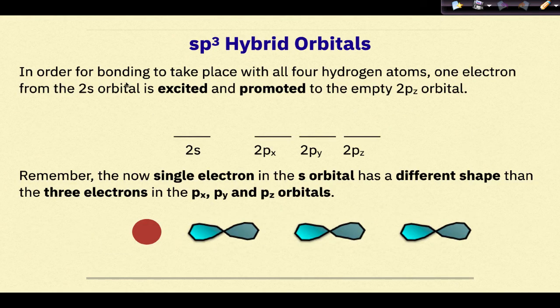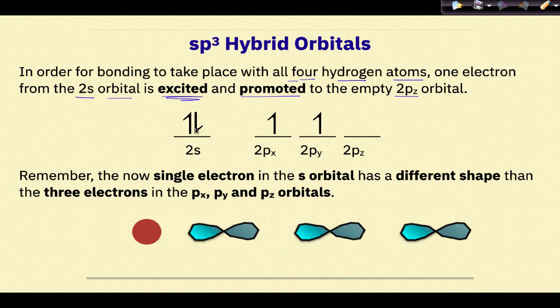In order for bonding to take place with all 4 hydrogen atoms, 1 electron from the 2s orbital is excited and promoted to the empty 2pz orbital. So this is basically what's happening. We know that originally we have 2 electrons in this 2s orbital, and then an electron in the 2px and the 2py.